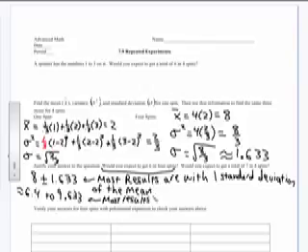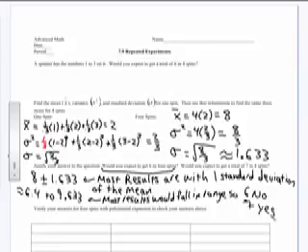Most results would fall in range. So 6 is no, 7, yes. Now keep in mind, that doesn't mean the 6 is impossible. It's just not likely.